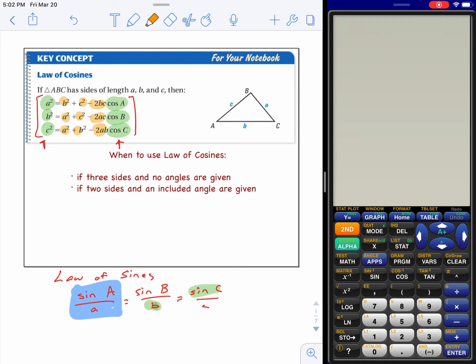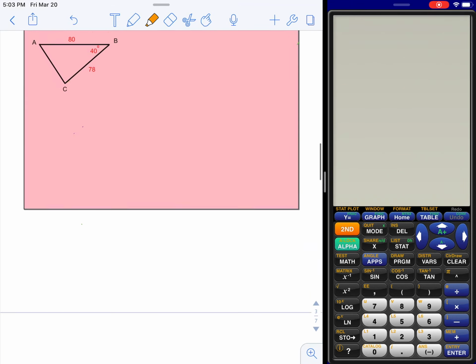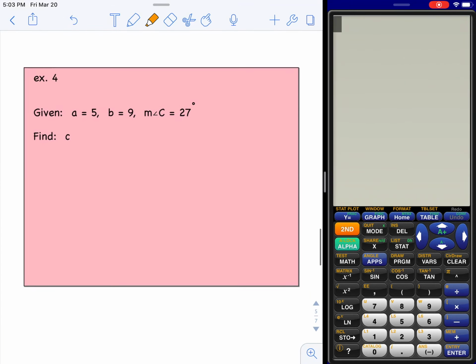Okay, well, I'm going to do 2 of the 4 examples, as I said. And I'm going to start actually at the bottom with example number 4. Okay, so in example number 4, I am told I've got a triangle ABC. Let's just sketch out a triangle here. We'll say ABC. All right, so angle C is 27 degrees.